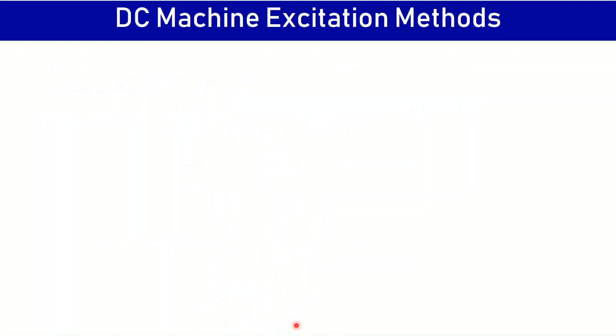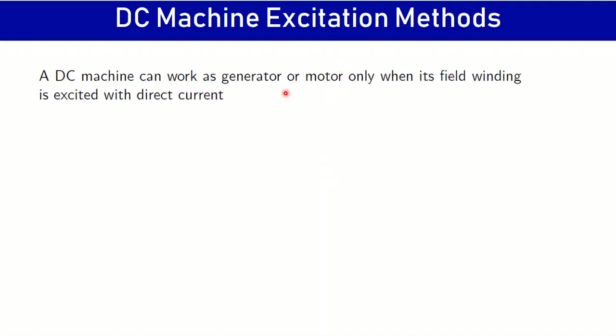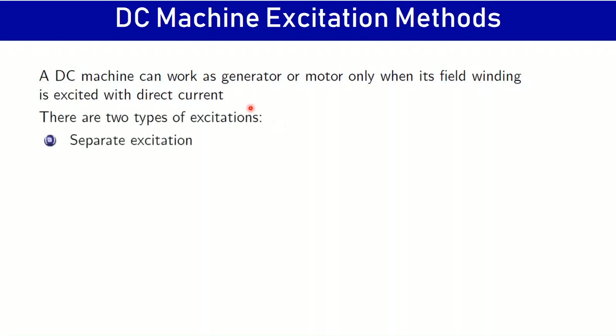Now, we see that this flux is obtained from the field winding when an electric current flows into it. That is known as excitation. So a DC machine can work either as a generator or motor only if its field winding is excited with a DC or direct current. So there are two types of excitations.